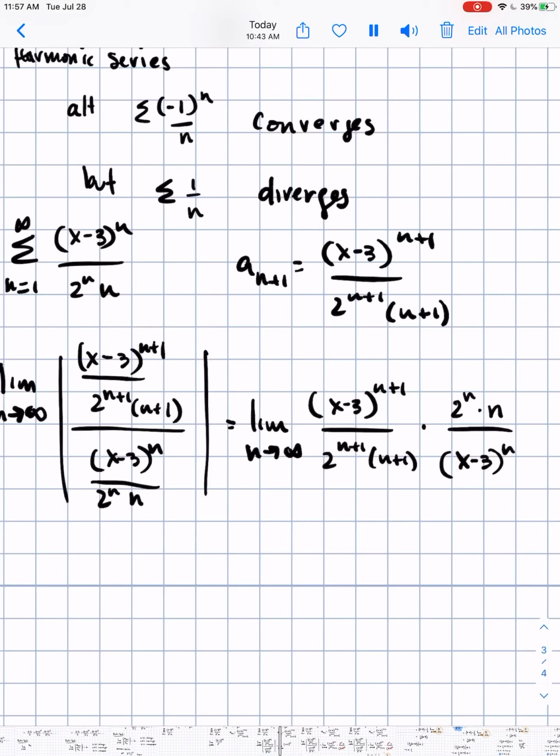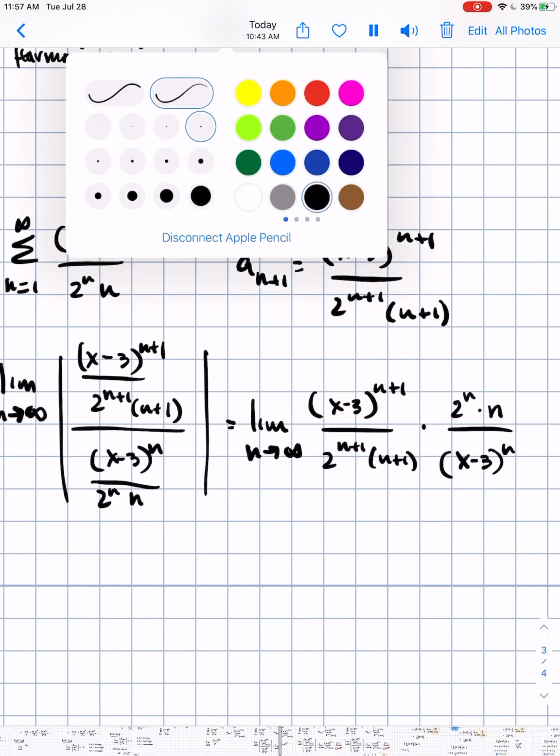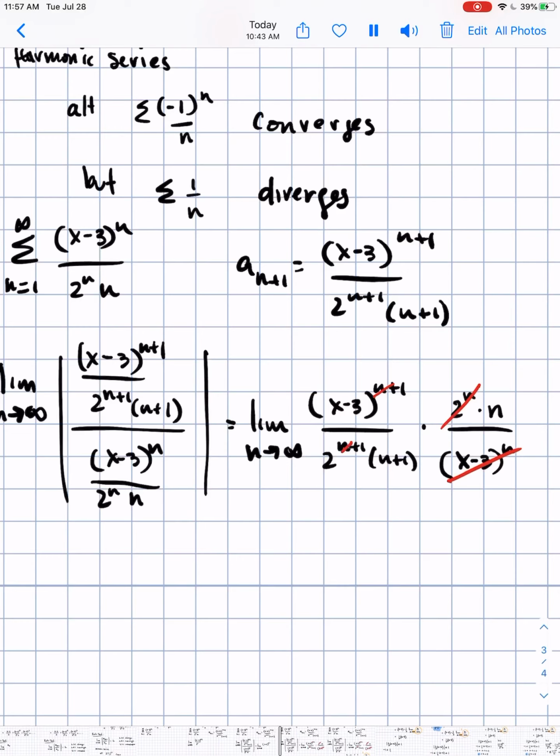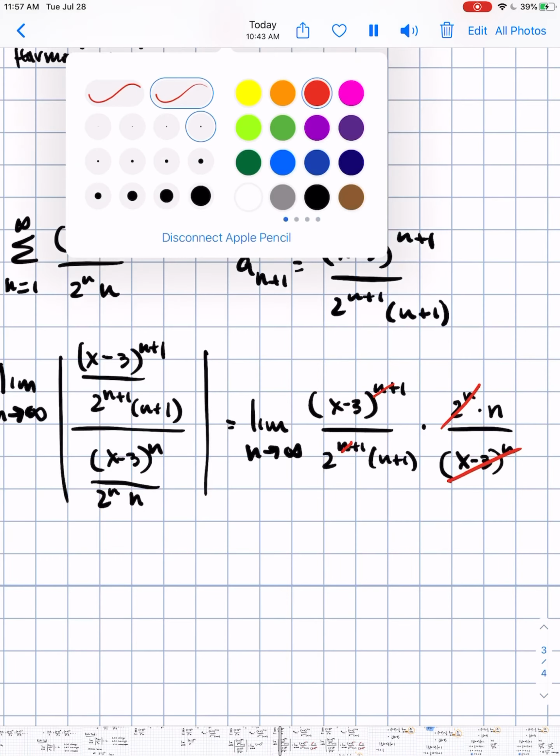So a couple things you can do. You could start canceling out stuff. So you cancel out this x minus 3 to the n, you're left with 1 on top there. 2 to the n, you're left with 1 on top there. And then we have that limit. Now notice the limit is only when n is approaching infinity.